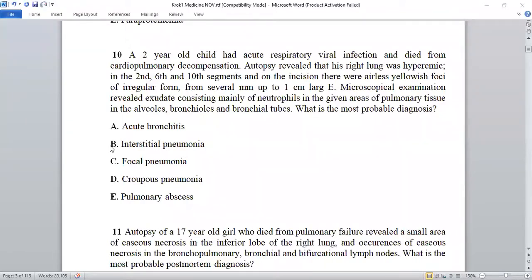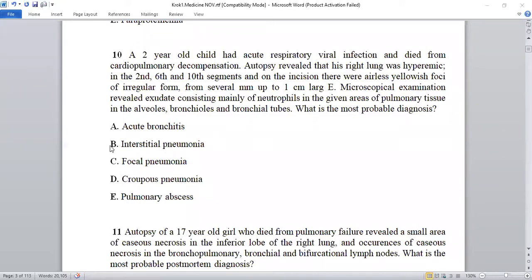Microscopic examination revealed exudate consisting mainly of neutrophils in the given areas of pulmonary tissue in the alveoli, bronchioles, and bronchial tube. What is the most probable diagnosis?